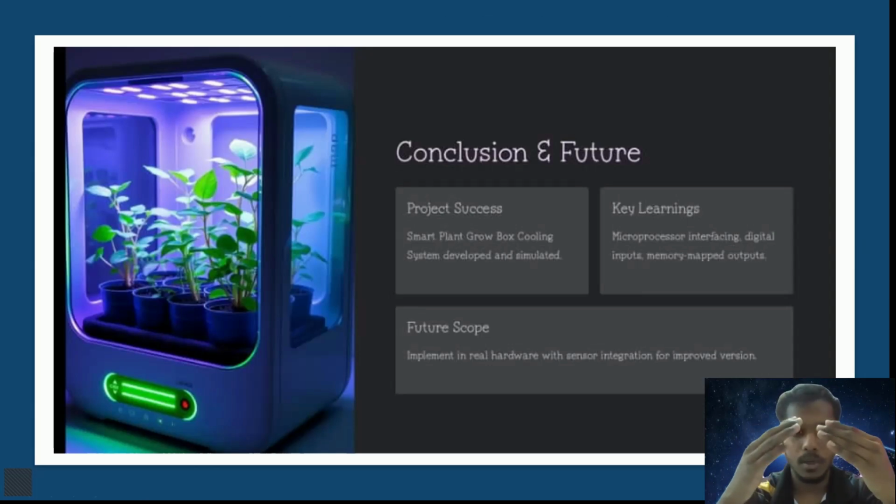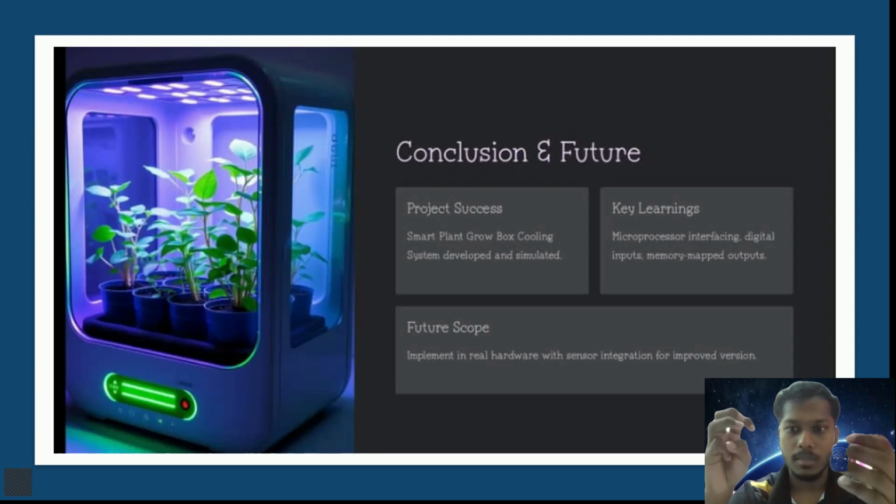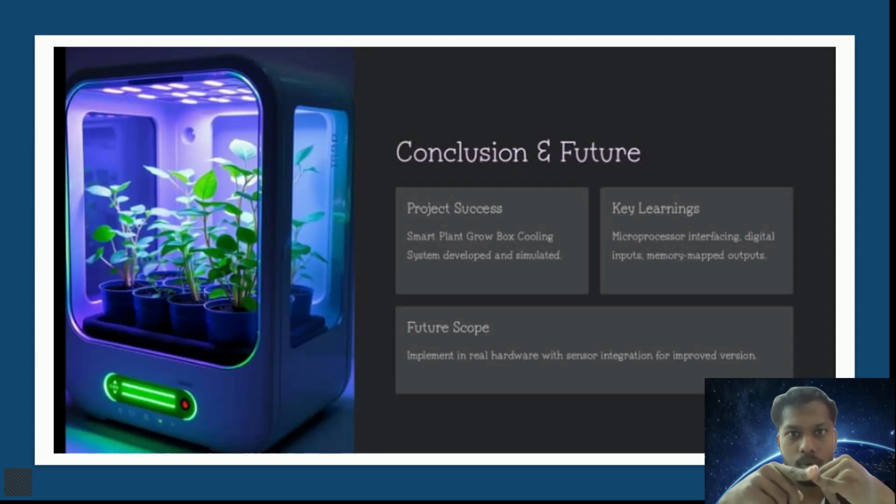In the future, we plan to implement this with an actual sensor and real hardware and possibly integrate wireless monitoring for remote plant care. We also gained a lot of knowledge in this project and hope we can do a lot of better things. That's all. Thank you.